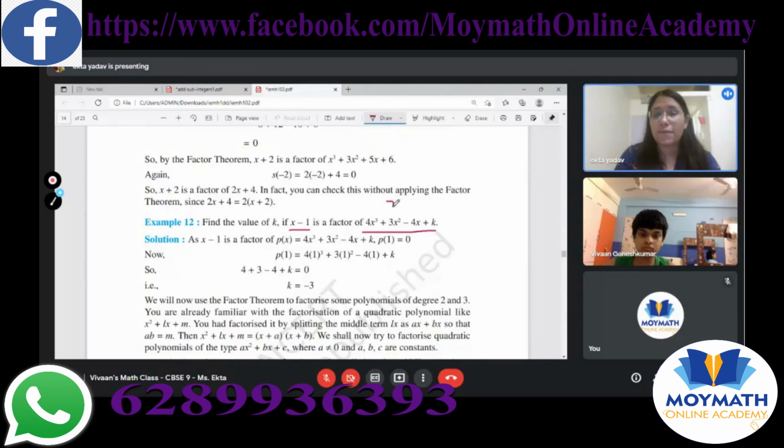Which means if I put x is equal to 1, this polynomial should be satisfied. It should be 0. And they have asked you to find the value of k. So equate P(1) to 0 and tell me the value of k in this question.